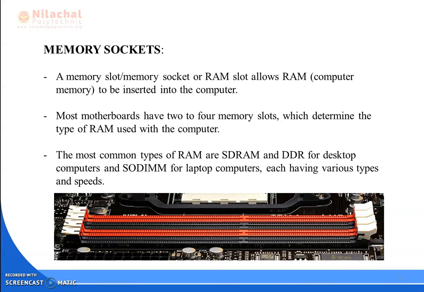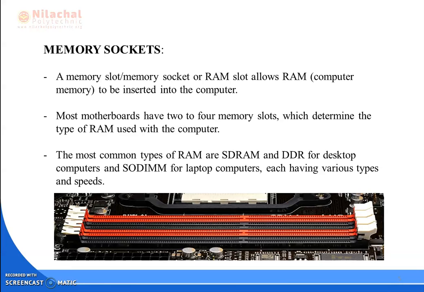We can know which one is DDR1 type RAM and which one is DDR2 type RAM by some numbers printed on these memory slots. If it is 1.2, it is the latest DDR4 memory or RAM slot, which we find in i3 57 processor. And if it is 1.3, it is a DDR3 RAM slot.